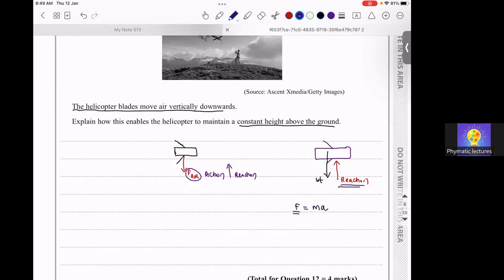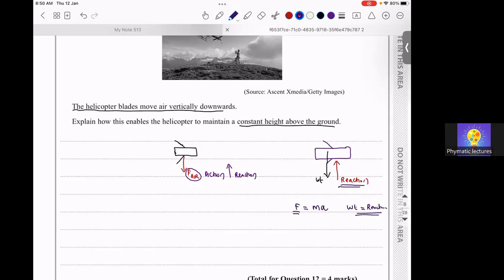That means the body remains in the stable position, correct? So why is it not moving? Because the weight of the body is exactly balanced by the reaction. That is the point we should include here. So the weight of this helicopter is exactly equal to the reaction force.